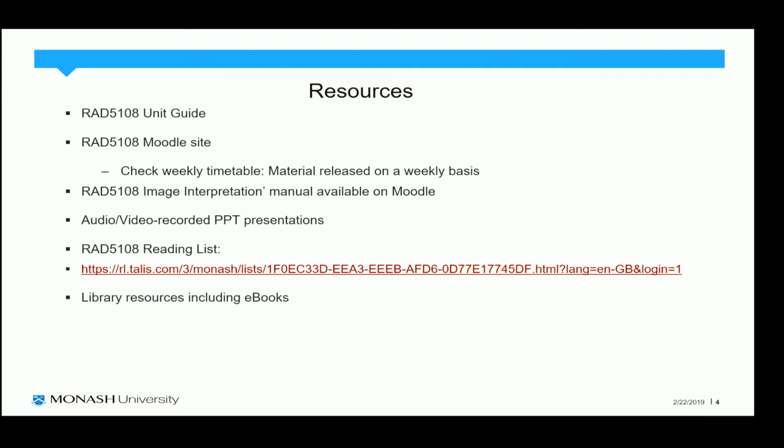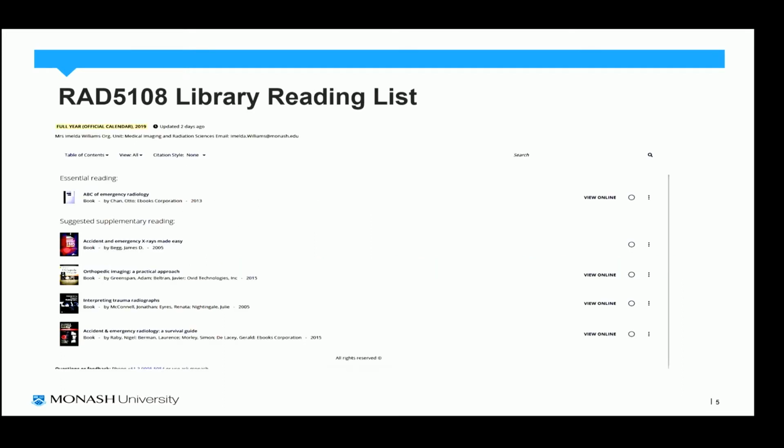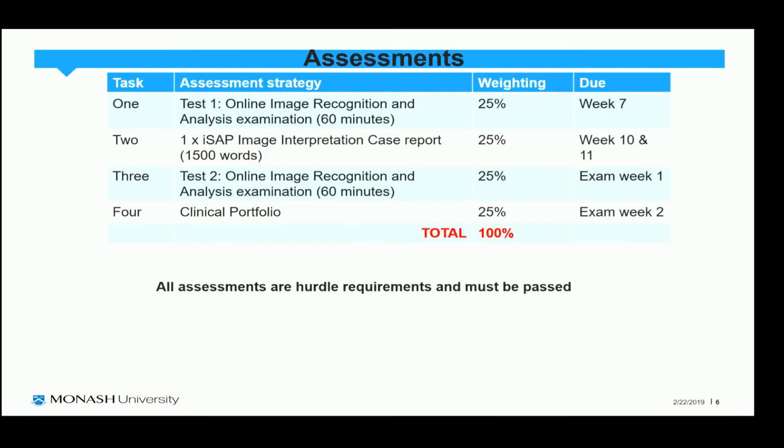There will also be video recorded PowerPoint presentations. You have a reading list, which is linked within the unit guide. You will see that a number of the resources are available online, so it will allow you to access that from the comfort of your home or from your work.